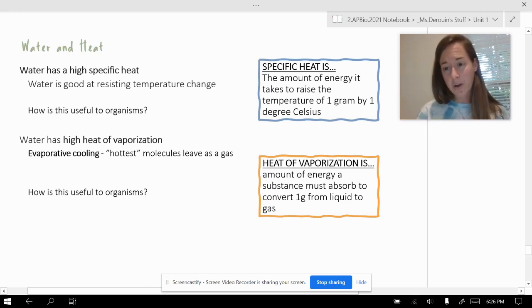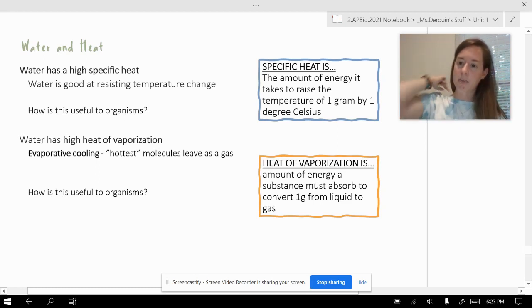That's great for ocean animals. It's great for climate because if the temperature of water shot up and down all the time, it would be really hard for ocean or even just other freshwater animals to maintain homeostasis and survive. It also would be a crazy time for the climate, which is obviously bad news whether you live in the ocean or if you live on land.